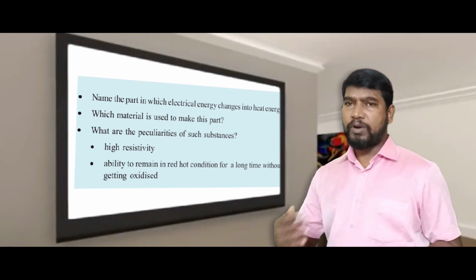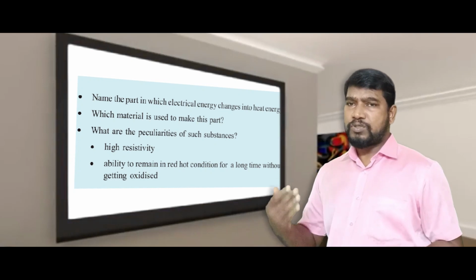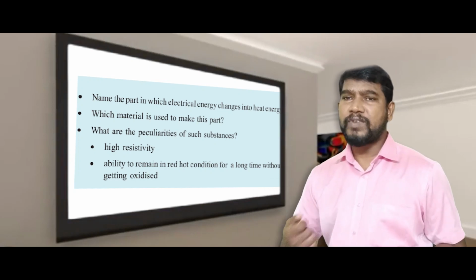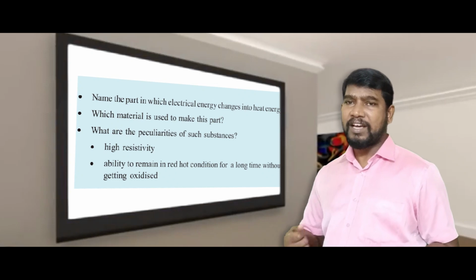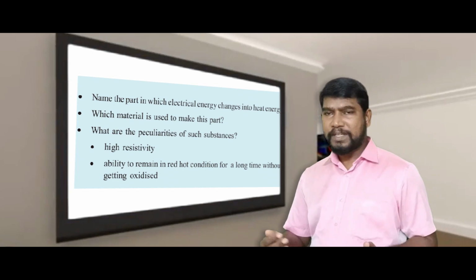We know that for making more heat, the material should have high resistivity. So the second thing is that the material should have high resistivity. What should be the third one?